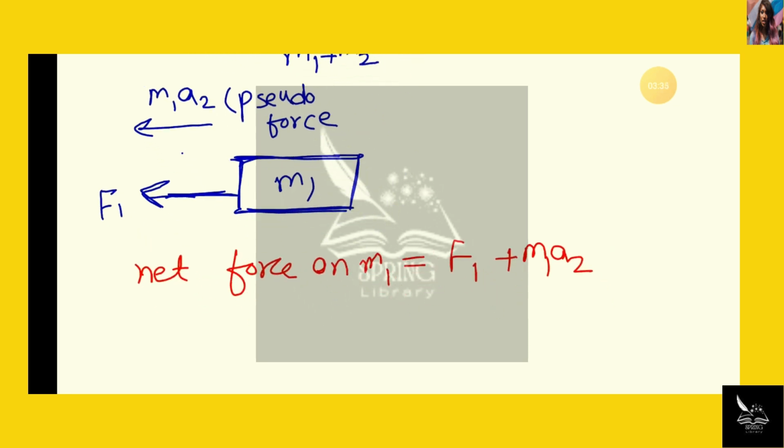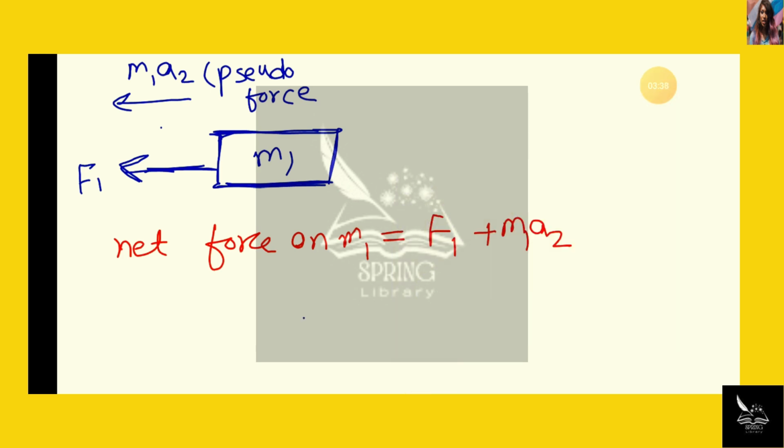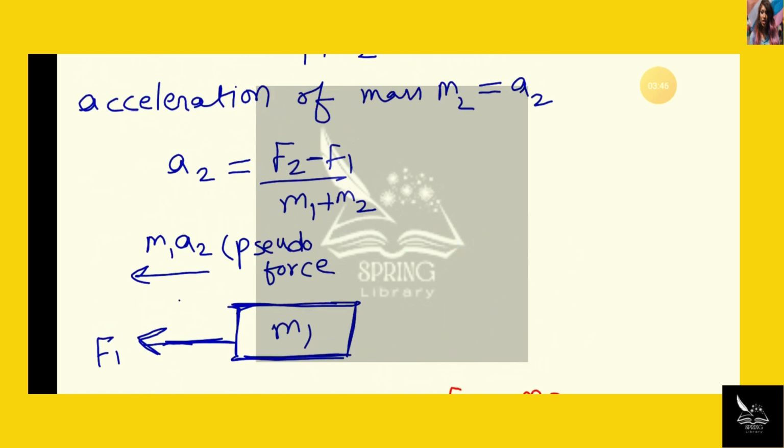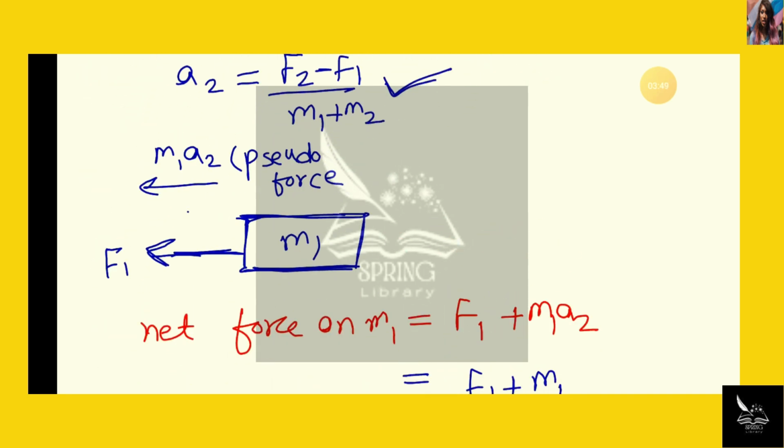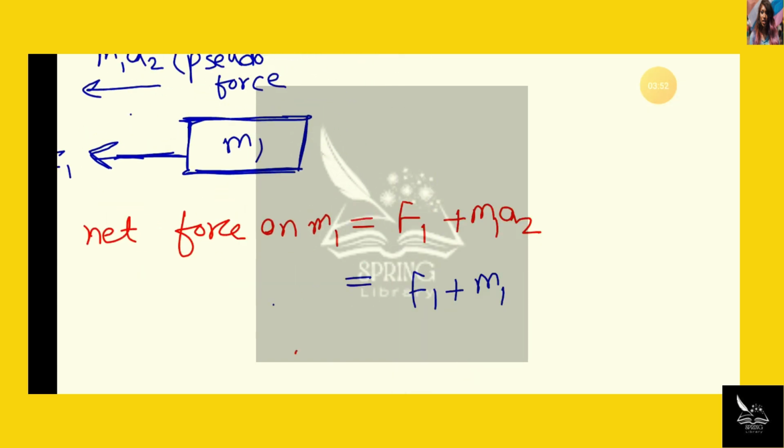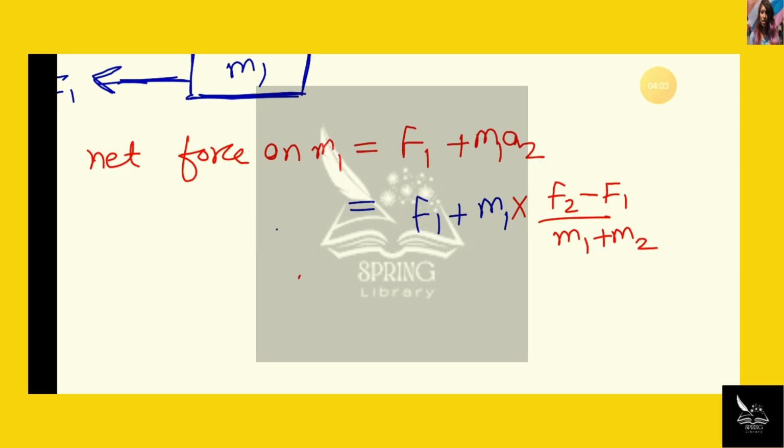Now put the value of a2. I will get the net force on m1 equal to F1 plus m1 multiplied by a2, which is F2 minus F1 divided by m1 plus m2. Now simplify it, and I get the net force on the first block as m2 F1 plus m1 F2 divided by m1 plus m2.